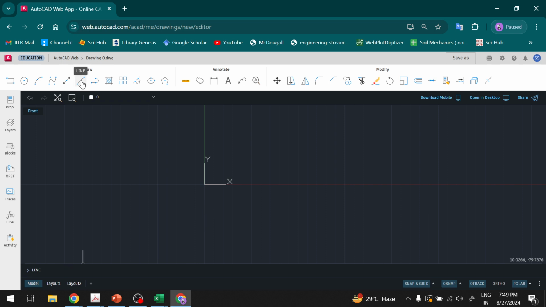So let's draw a line. 150 minus 50, the first point. And then we have another point at 50 and 50. Okay, so this is the line.